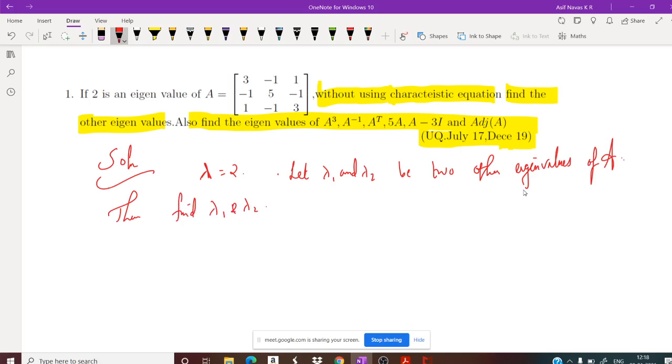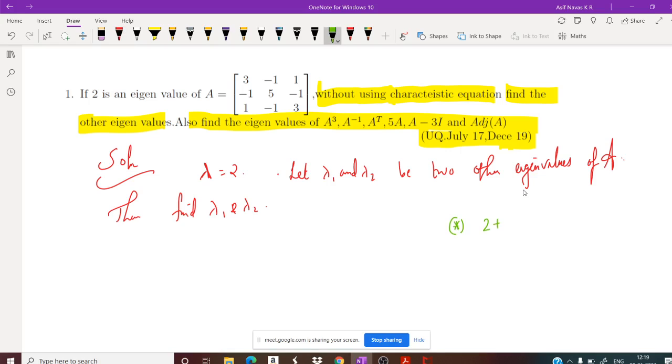Now tell me what is the procedure. You cannot use the characteristic equation. You can. Okay, tell me. What are the properties? Sum of eigenvalues is equal to trace.